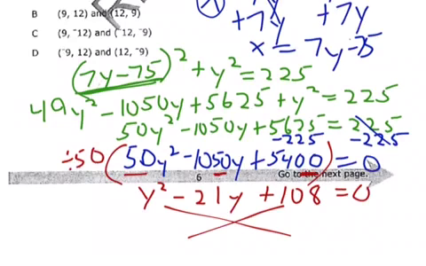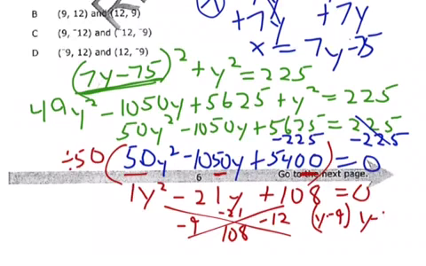And then multiply my outside numbers. 1 times 108 is 108. That needs to equal my middle term of negative 21, the two factors, and that would be negative 9 times negative 12 gives us positive 108. So it would be y minus 9 and y minus 12 equals 0.